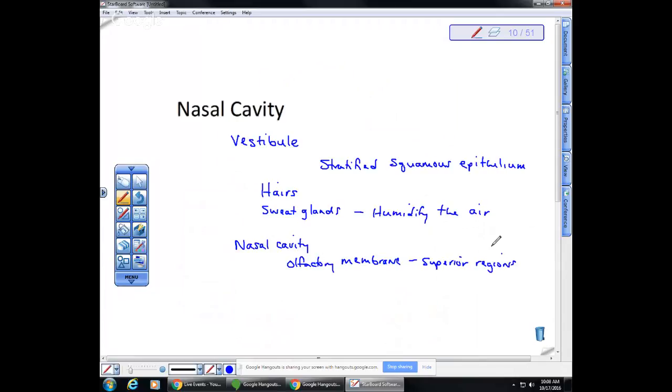When we were talking about the sensory system, we looked at the sensation of smell. When we breathe in odor molecules, they bind to receptors on this olfactory membrane, and that information gets transmitted through the skull into the olfactory bulb. From the olfactory bulb, it goes to the olfactory cortex, where we're actually able to identify the smell. So that's one part of the nasal cavity.